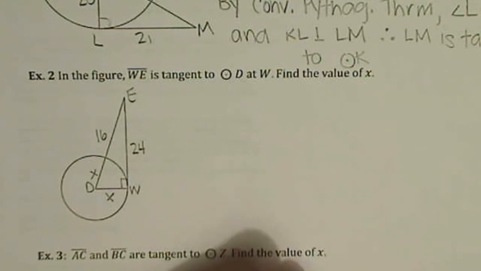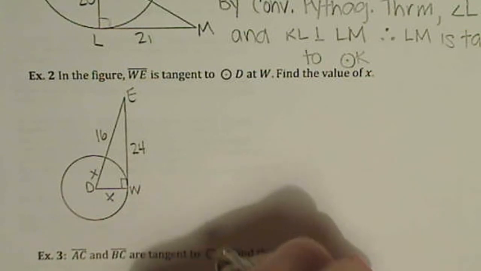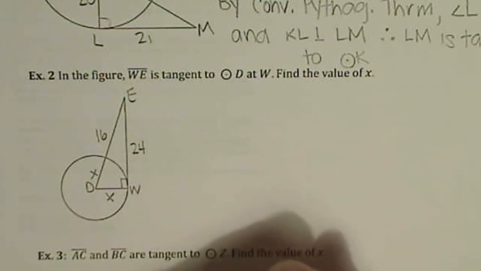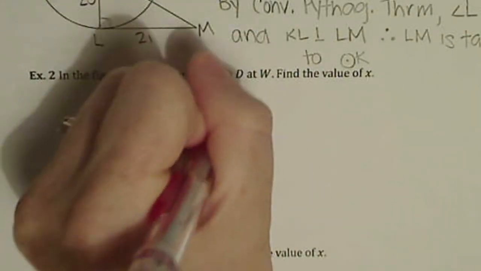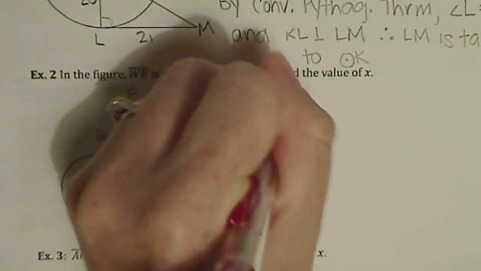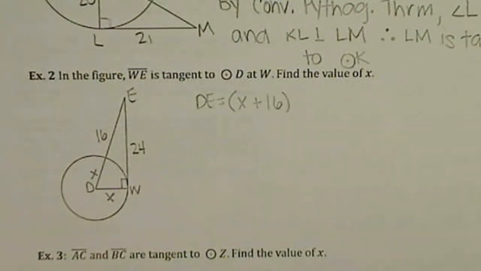And so we need to find X. So if it's a right triangle, we can use the Pythagorean theorem again. So let's go ahead and do that. DE, how long is DE though? It's going to be X plus 16, that whole length. Okay? So let's use that when we do our Pythagorean theorems.